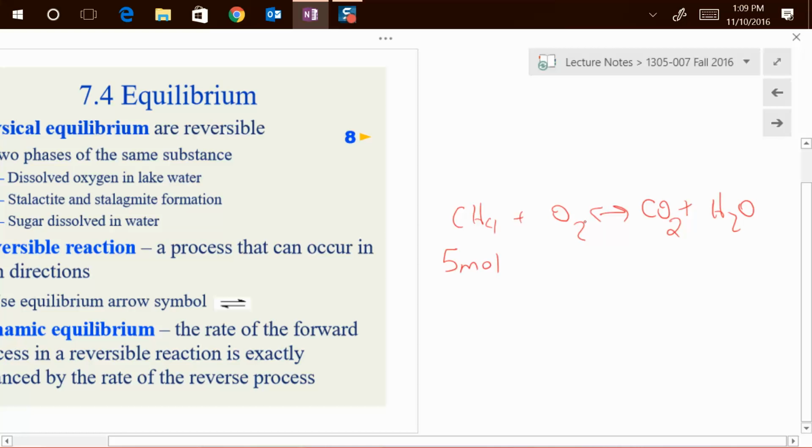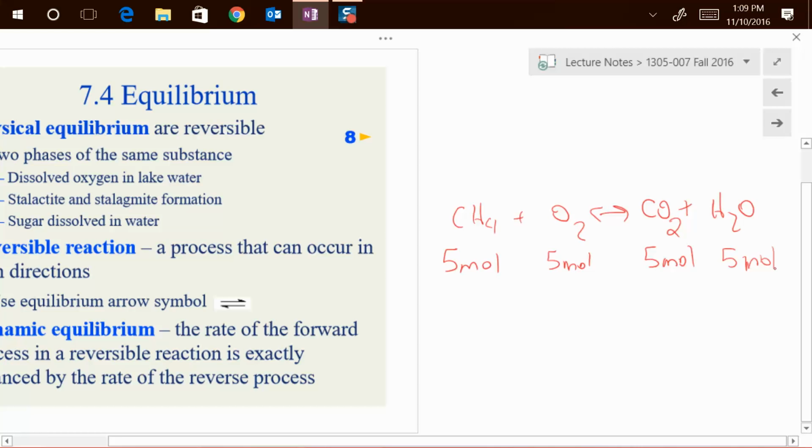Okay, so let's say this was a reversible reaction, and I had 5 moles of methane and 5 moles of O2. If this reaches equilibrium, that does not mean that I have 5 moles of these as well. That's incorrect.